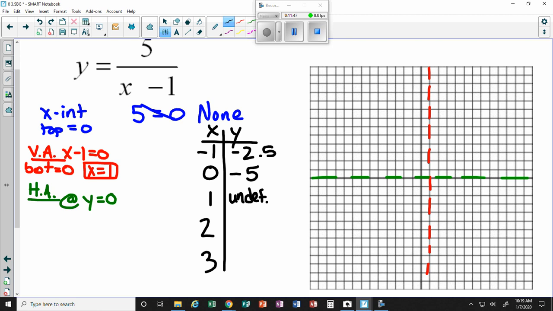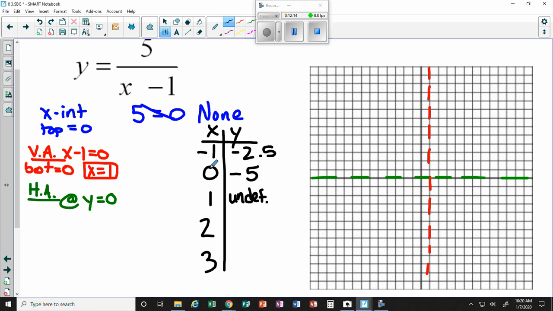The horizontal asymptote is at 0 because the degree on top is 0 and the degree on bottom is 1, so the degree on bottom is bigger. Or this is the case where there's no x on top, so I can look out here and ask what I am adding. What's k? k is 0. Okay.